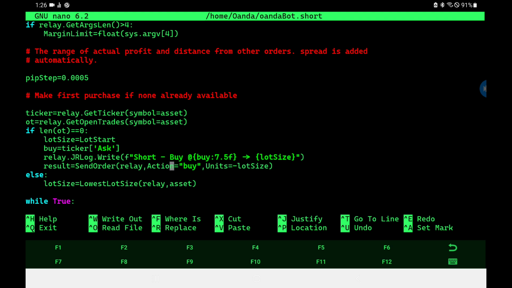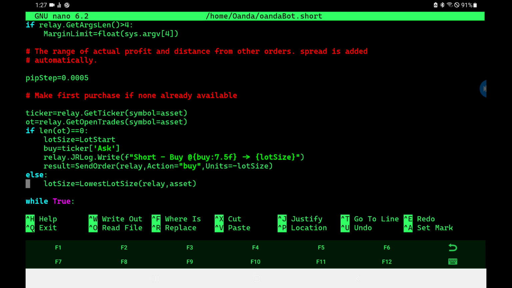I'm telling it we want to buy, and the number of units is the lot size, but we're using a negative number explicitly because we want it to short. So if we don't have an order, and that's what this is, open trades, nothing's open, then we need to make an order. We need to start the process. Nice and simple. If we do have trades, then we need to figure out what the lowest number for our lot size is.